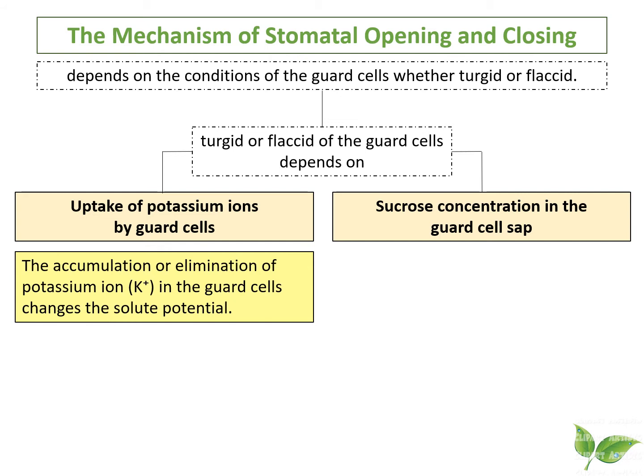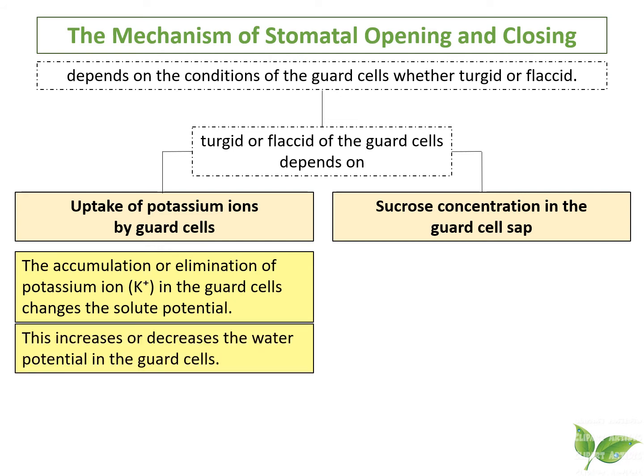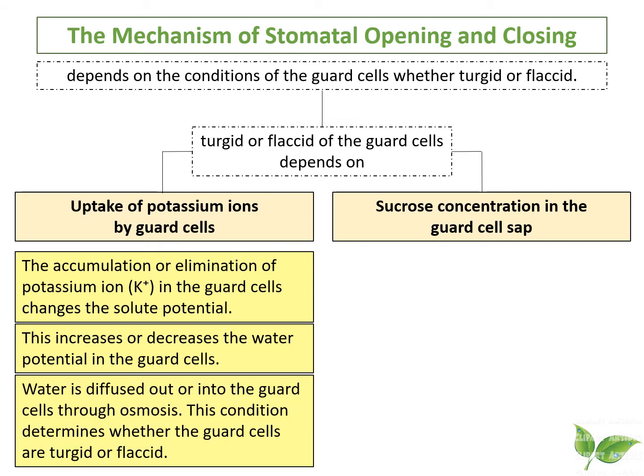The accumulation or elimination of potassium ion in the guard cell changes the solute potential. This increases or decreases the water potential in the guard cell. Changes in the solute potential and water potential in the guard cell determine whether the guard cells are turgid or flaccid.